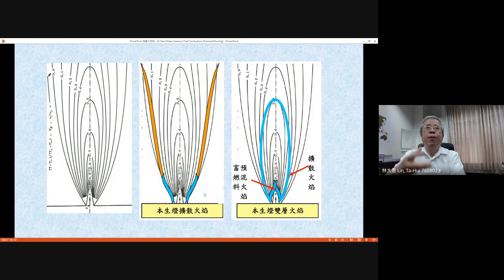That means you supply more oxygen, more efficiently, approaching your diffusion flame. Originally, the burning of your diffusion flame depends on the diffusion transport of fuel inside your jet and the oxygen outside the boundary, right? Now you have additional assistance by flow convection pushing your oxygen to move closer or supply more to your flame surface. Then they enhance the reaction because you have more oxygen.